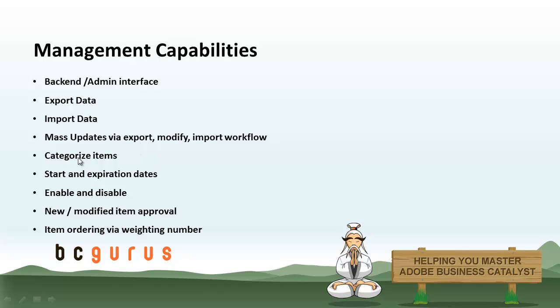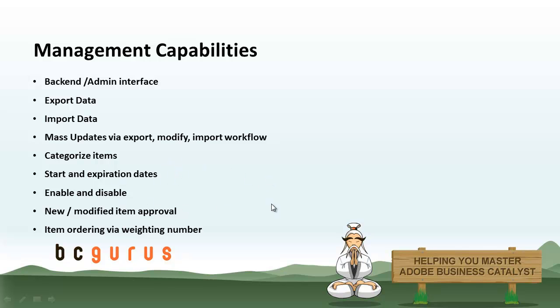Web apps support categories, so just the built-in Business Catalyst category system. You can classify items and then optionally display items based on those categories. They have start and expiration dates, as well as the enabled and disabled, so you can do future content management and have things that are only available on the site for certain periods of time.